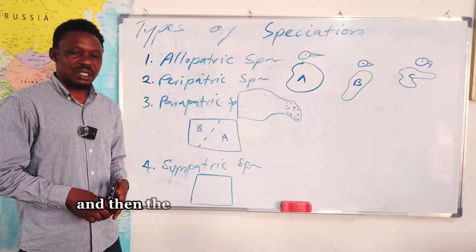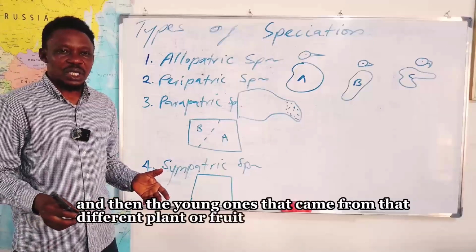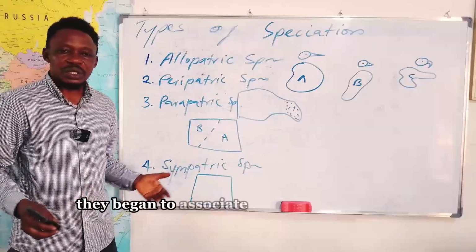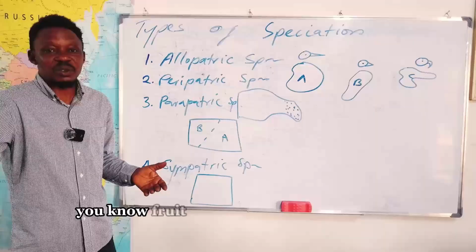And then the young ones that came from that different fruit, after maturity, began to associate only with their kind that were hatched from fruit B.